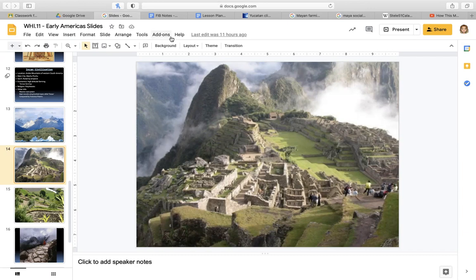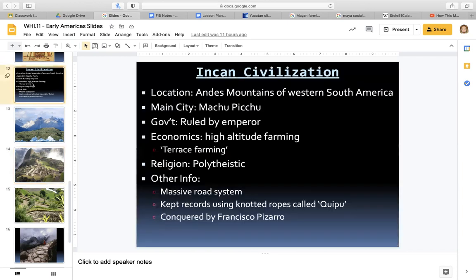So Cusco as its capital, their main city is Machu Picchu, but talking about Cusco as the capital early on, all the roads would lead through here. In the heart of the city stood the Temple of the Sun. And here you found interior walls lined with gold, enormous stone blocks that fit exactly into place.